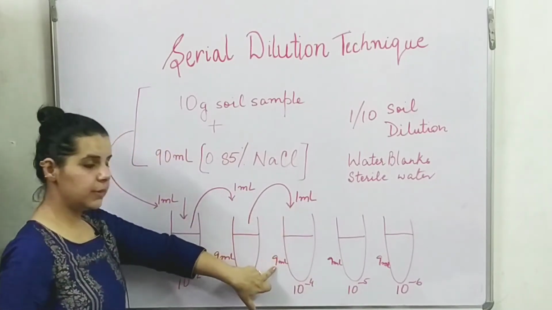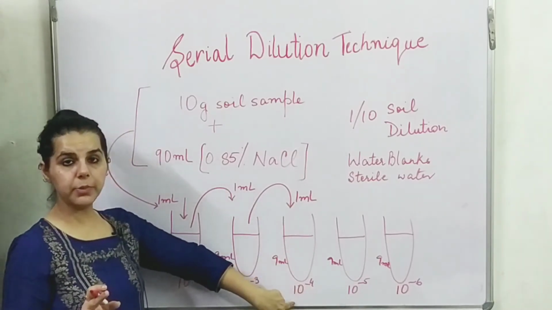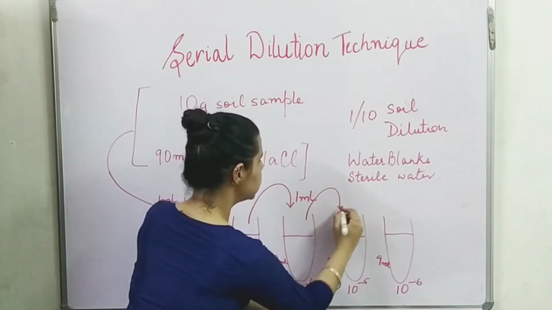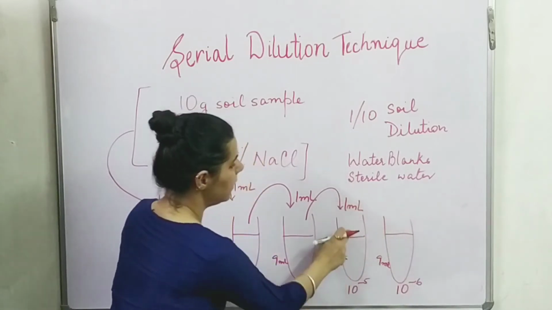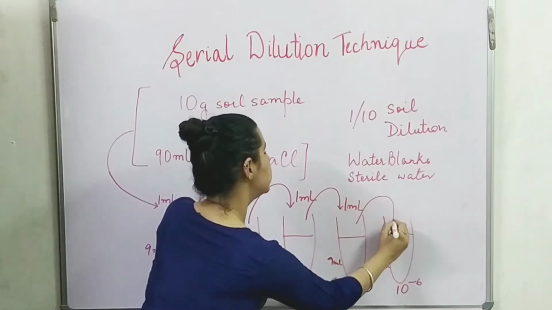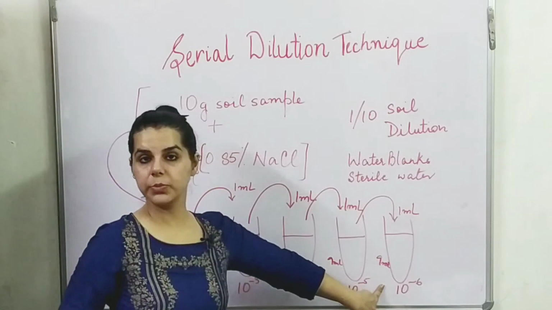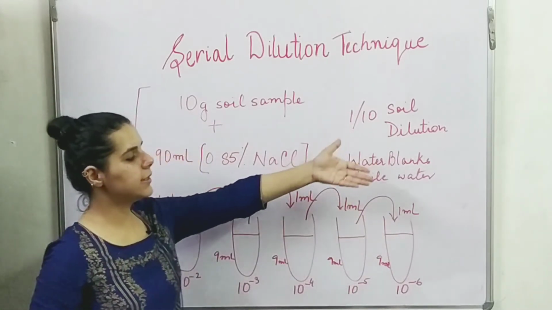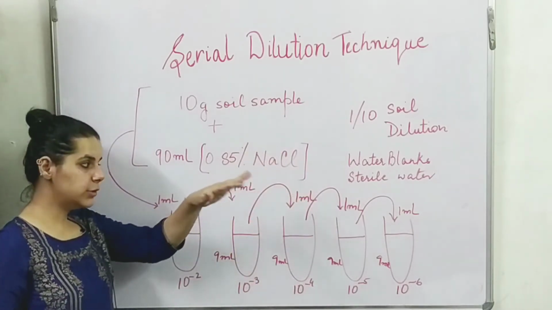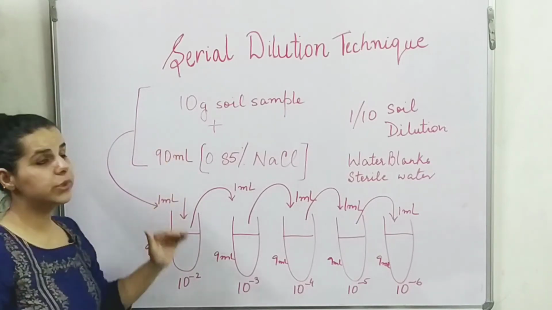Then 1 ml plus 9 ml, the total volume becomes 10 ml, and the dilution comes to be 10 to the power minus 4. Similarly, I am going to take another 1 ml from this, add it to the next one, and this becomes 10 to the power minus 5. I repeat it for this tube as well, and this is my dilution 10 to the power minus 6. Further, I can make more dilutions like 10 to the power minus 7, minus 8 and so on, as many as I want, right? So this is how we dilute our sample.